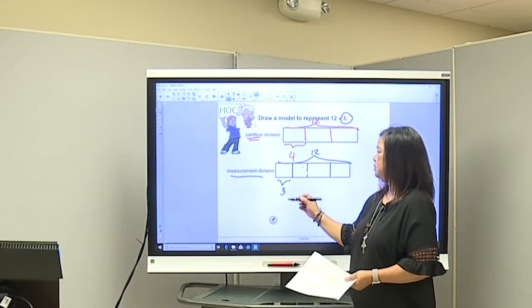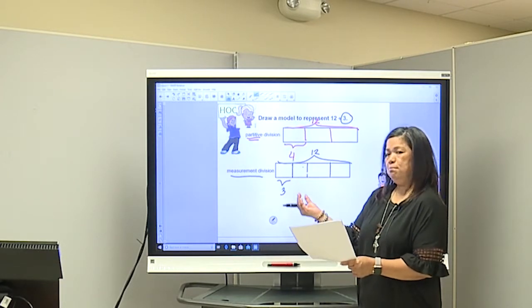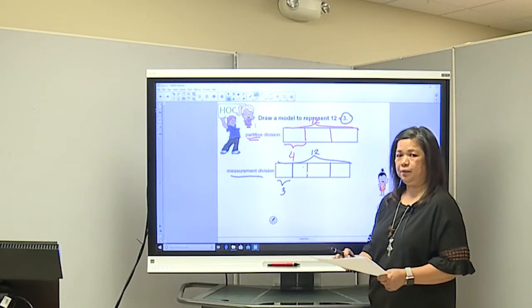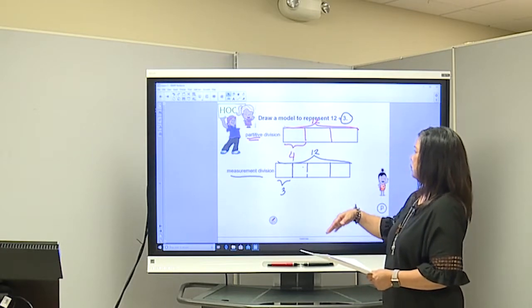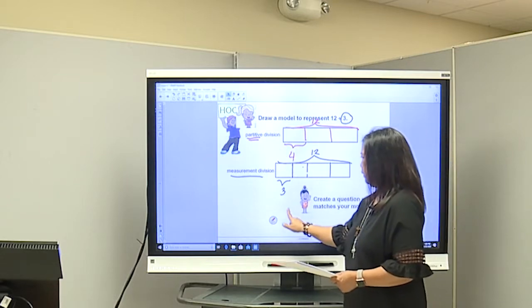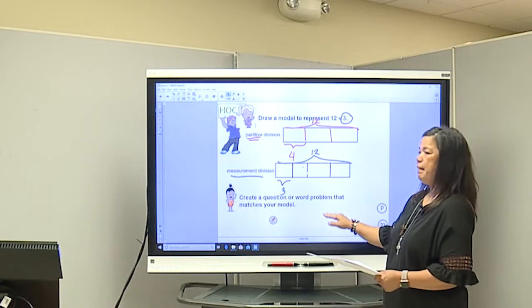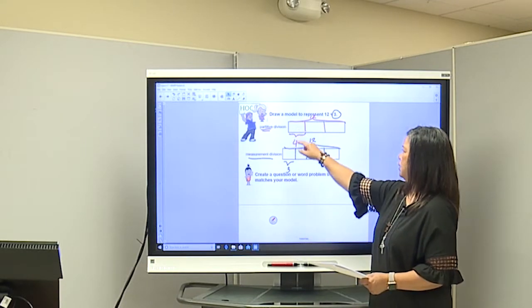Measurement division, each unit represents the measure of that part. Okay, so let's try an example for each of these models. Create a question or word problem that matches your model. So the first one is partitive division.